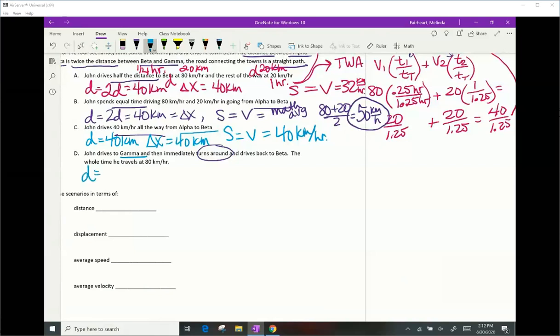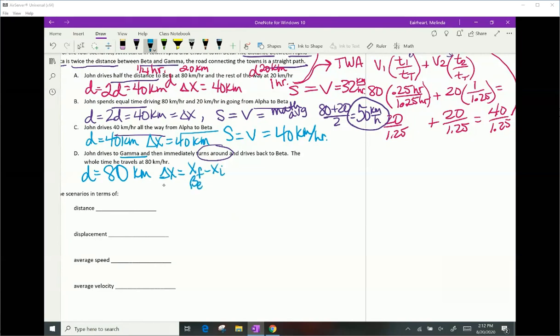So now what's our distance? 80. 80 kilometers. Oops. What about our displacement? Is it 80? It's still 40.